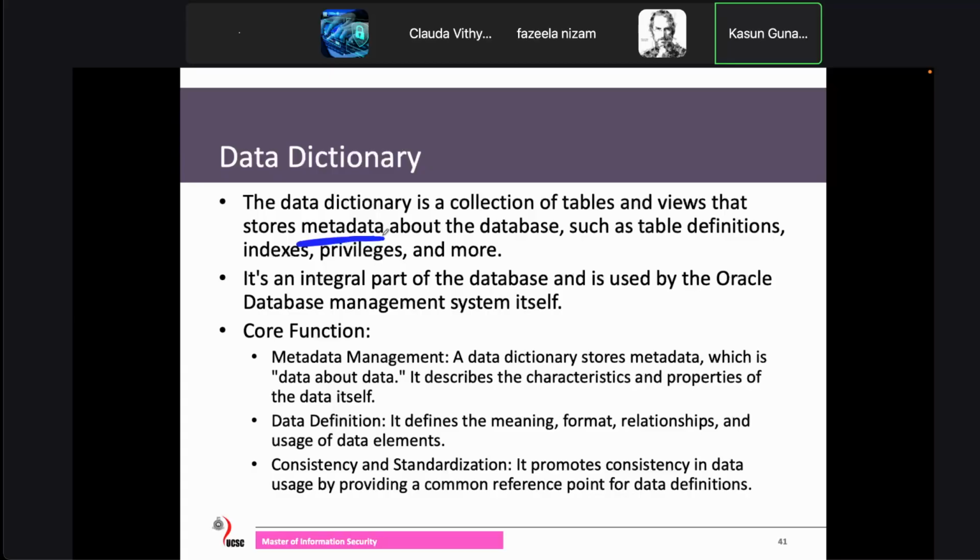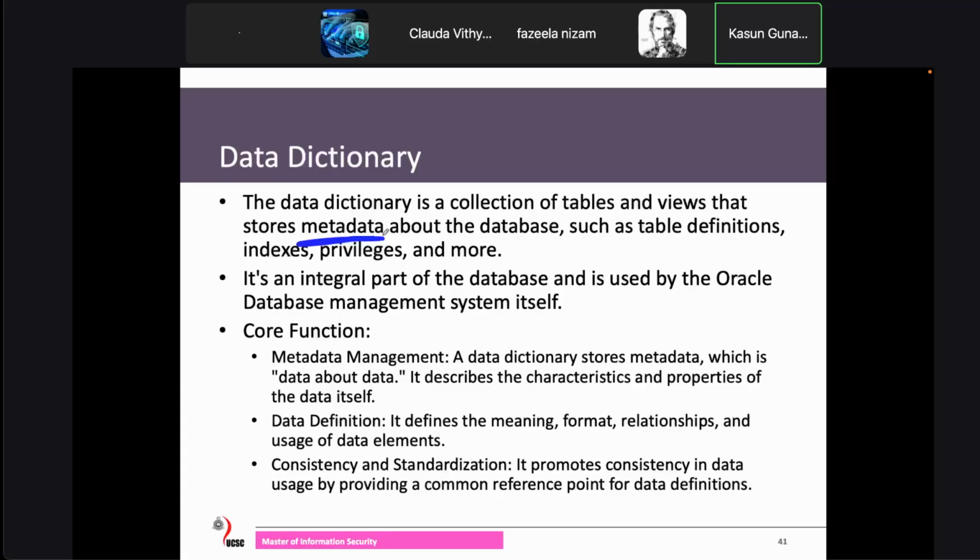It needs to know the name of this data, and the column types, whether it's a number, a date, or a string. What are the data types, what are the constraints, all these columns, and whether there is a relationship between the table and another table. All this supportive information about the data is stored in the data dictionary.